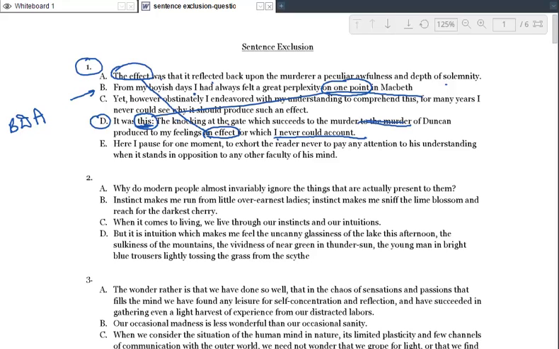Now, yet, however obstinately I endeavored with my understanding to comprehend this, for many years, I never could see why it produced such an effect. I wondered why it produced such an effect. So see, we are establishing logical connection between the sentences by spotting certain nouns or certain ideas. This is the link. Now you tell me, where does E fit?